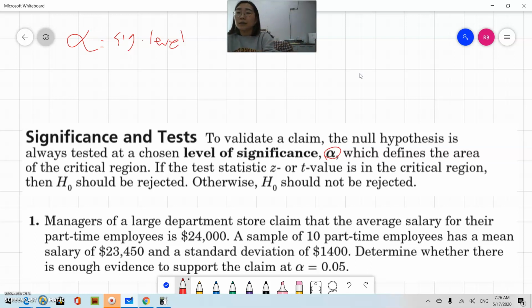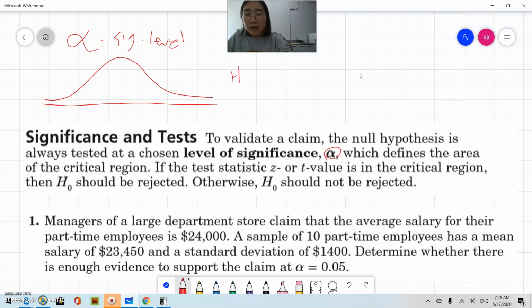And a significance level works like this. Let's say, because we are always looking at the distribution, that my null hypothesis said the true mean is about 40, okay? And then our alternative hypothesis said that the true mean is greater than 40, for example.